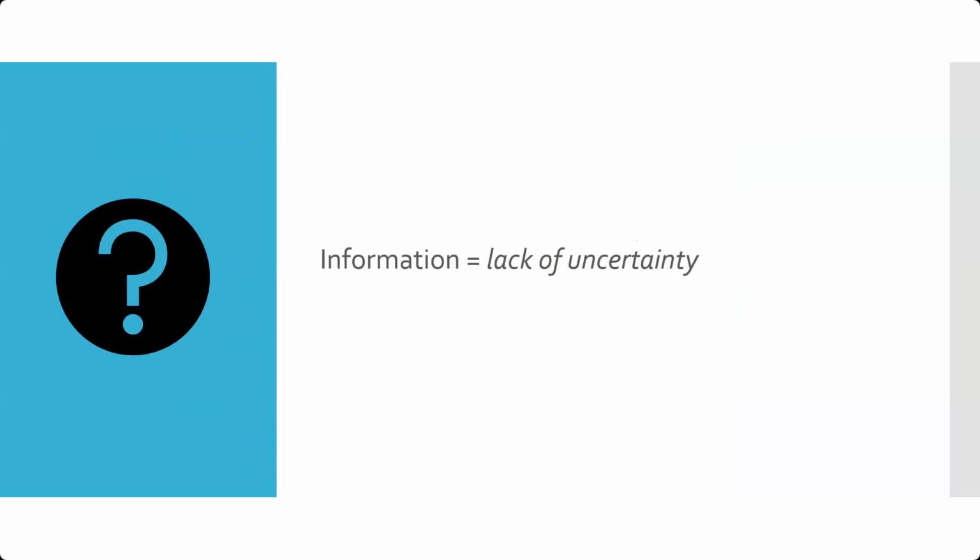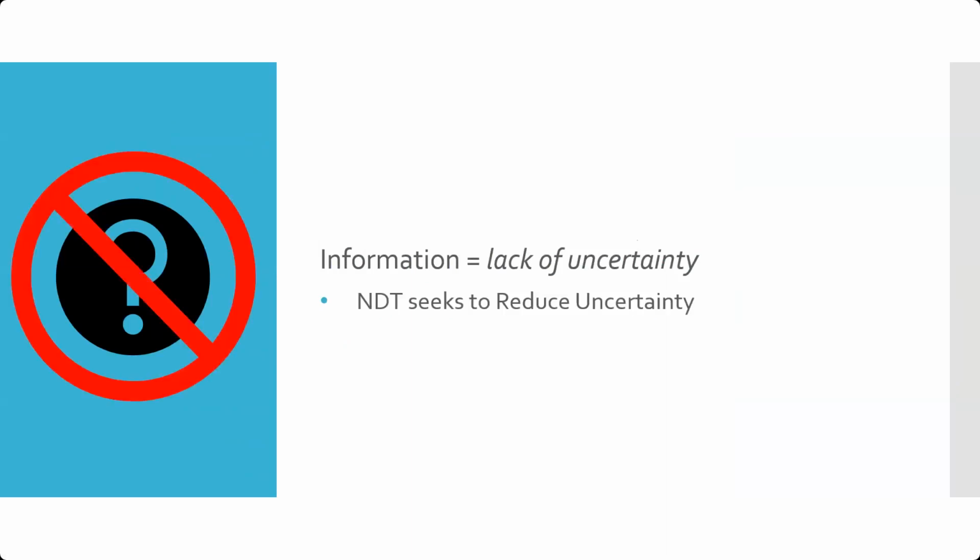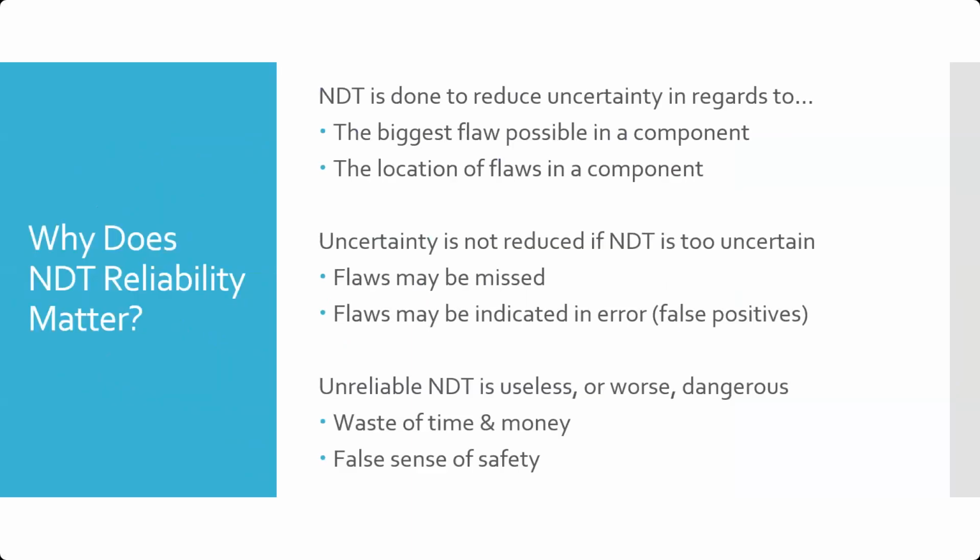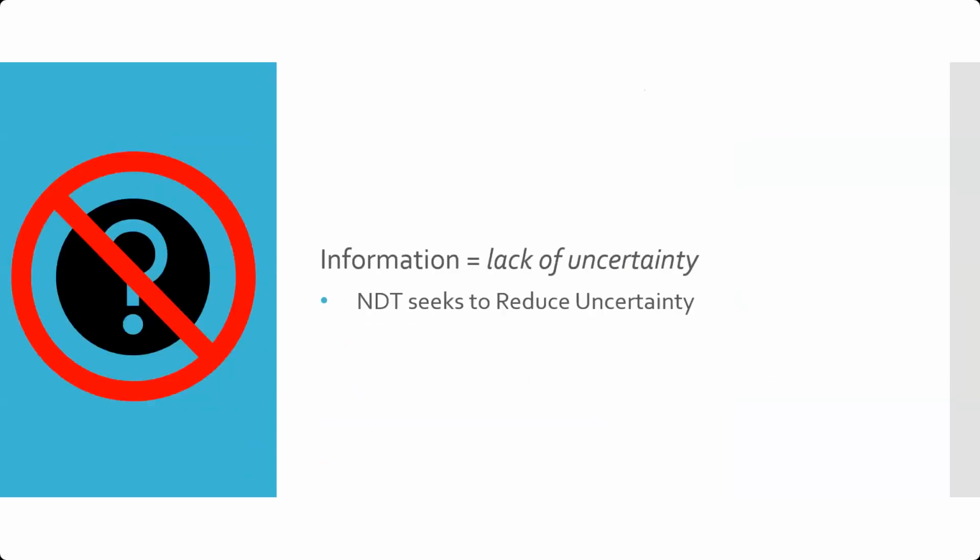So what we first need to know about reliability is that information equals the lack of uncertainty. And so we want to have information so that we can eliminate uncertainty in our things. So NDT ultimately seeks to reduce that uncertainty by eliminating or finding any flaws that may be present, which are of a size which is deemed requiring attention.